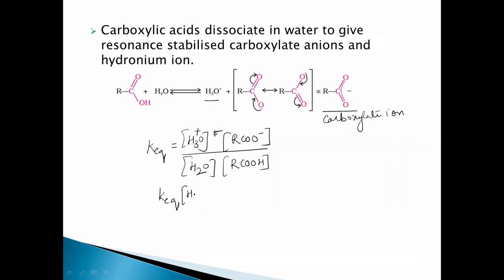Keq times the concentration of water is equal to Ka. It's a new constant called the acid dissociation constant, which is equal to the concentration of RCOO minus, H3O plus, divided by RCOOH.